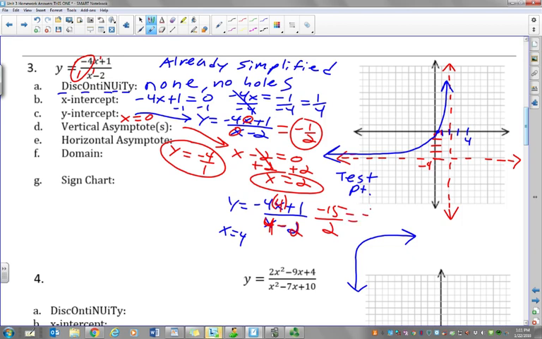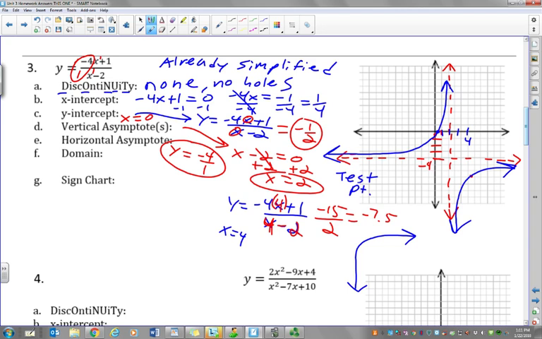And so that's going to be what? Negative 7.5. Nice. So over 4, down 1, 2, 3, 4, 5, 6, 7.5. So that test point helps us to see that our graph does fall below there, in the bottom right quadrant of those asymptotes. Cool. Awesome. So there is our graph.